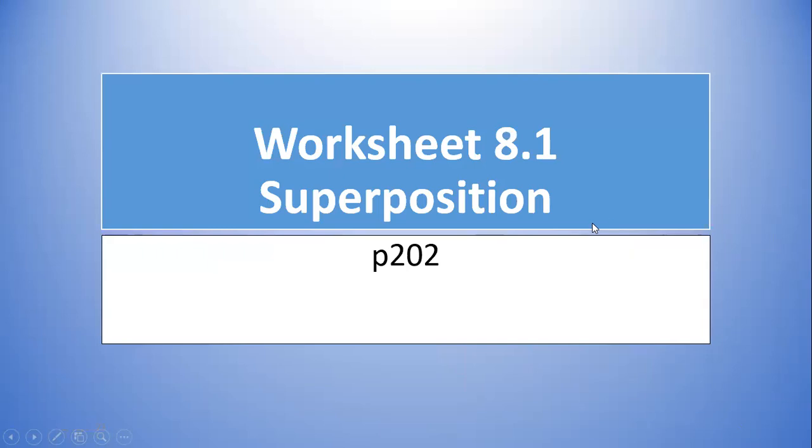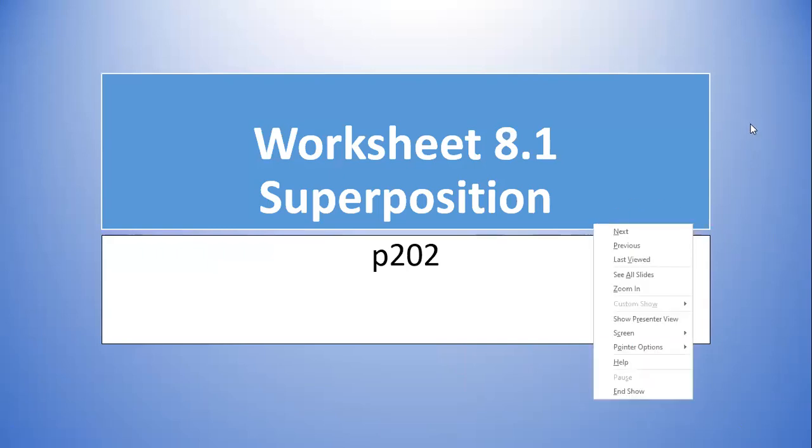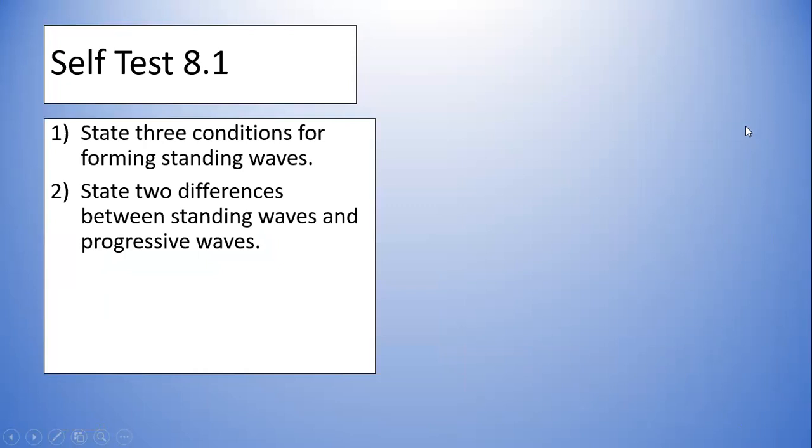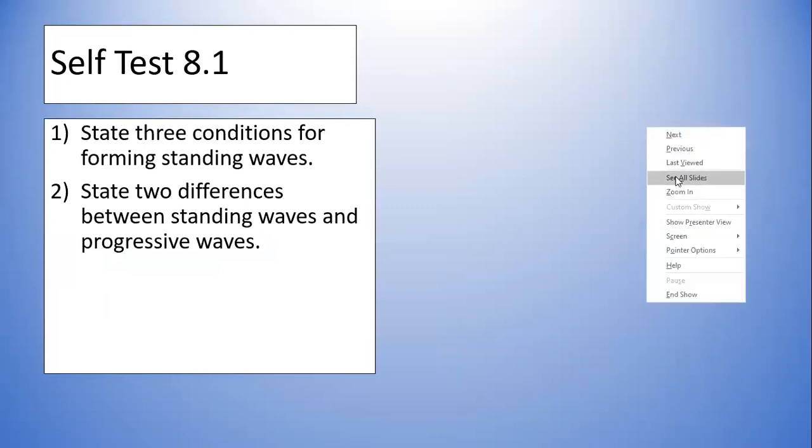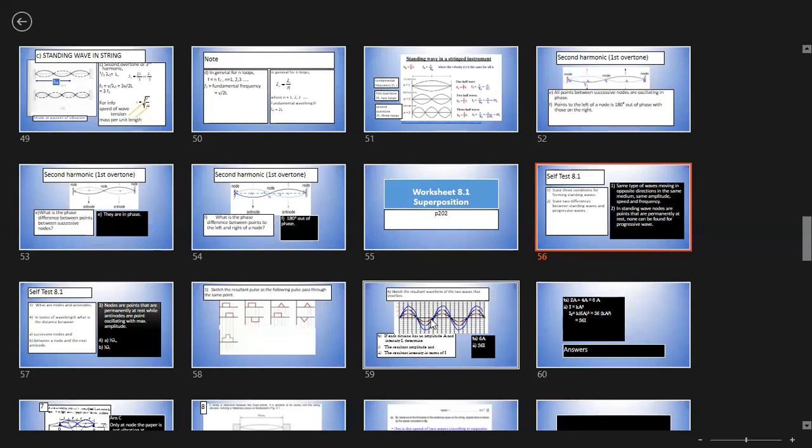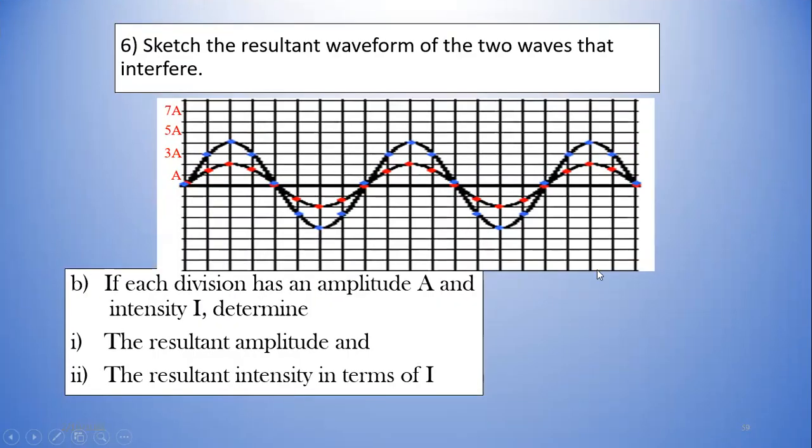Let me just test you on a few things before we go further. If each division has an amplitude of A, and the intensity is I, determine the resultant. You should be able to draw the resultant. This type of simple thing can be asked, to draw.